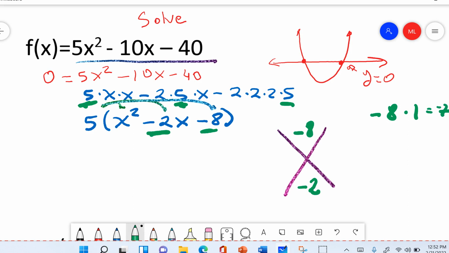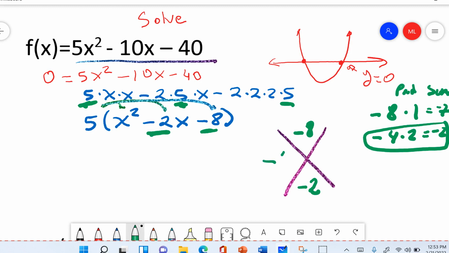No. Negative 4 times 2, the sum is negative 2. Okay, so this is the sum and this is the product. Perfect. This is my combination. Those are the two numbers that complete the x method. So I have negative 4 and positive 2.